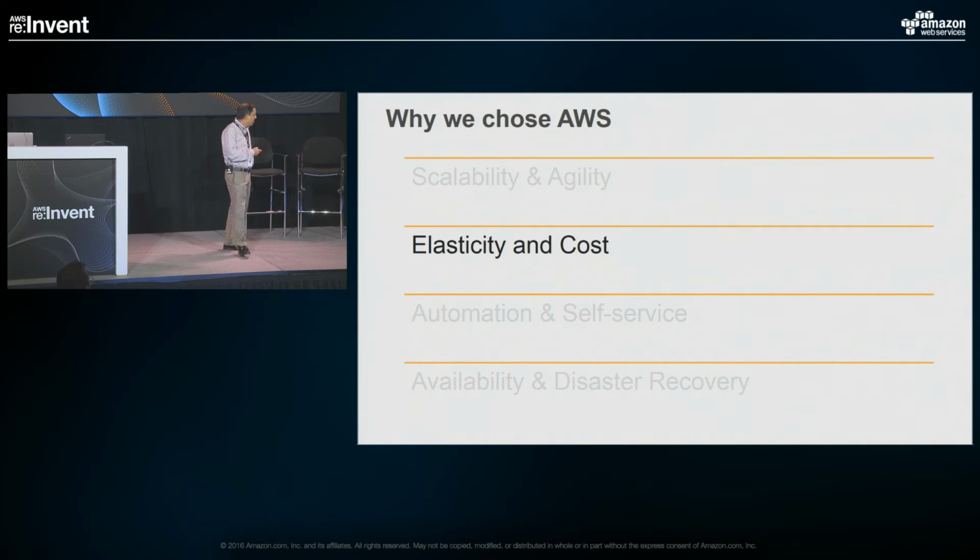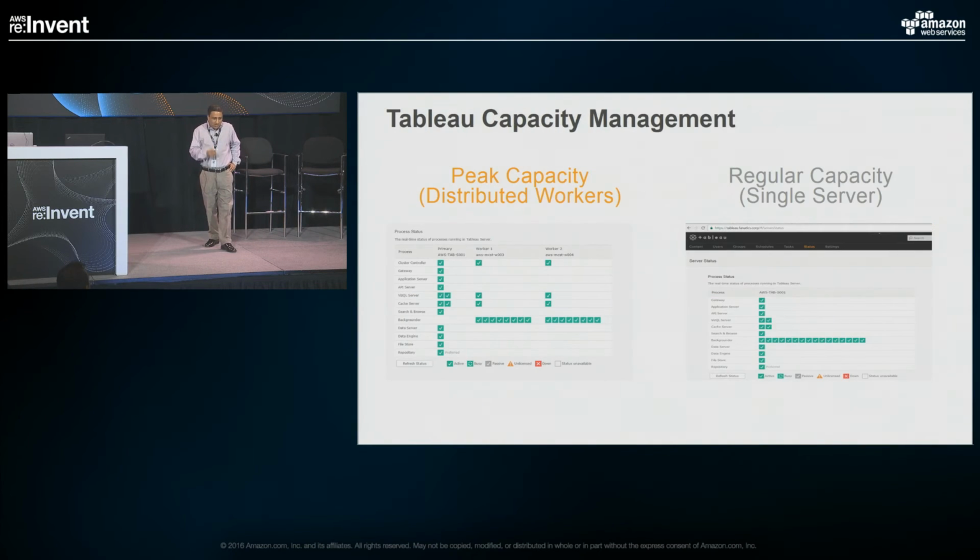So now let's talk about elasticity and cost, which is all about AWS. As you can see, this is the peak capacity where we distribute the worker nodes of Tableau. Depending upon the event, we can add more worker nodes or more backgrounders.